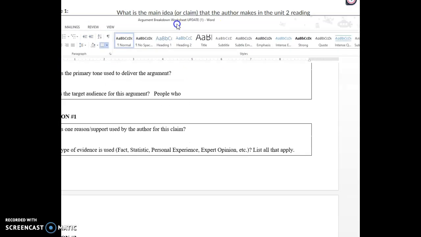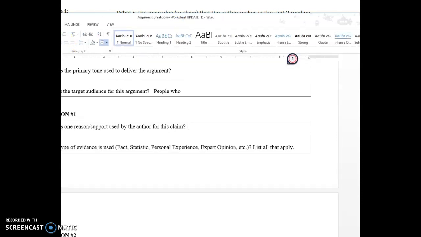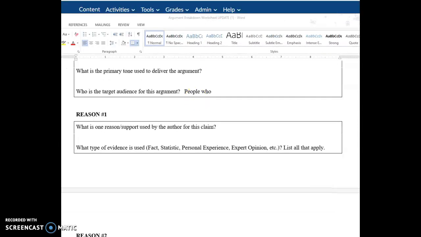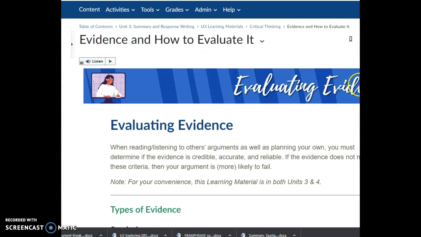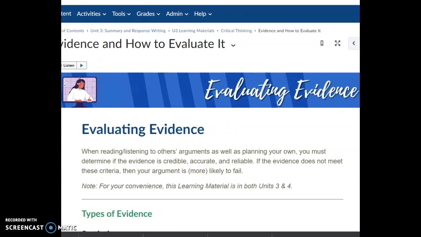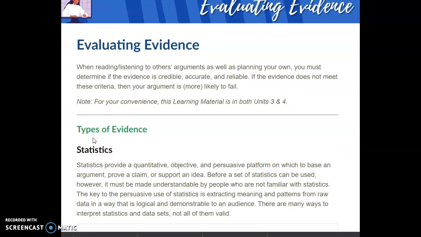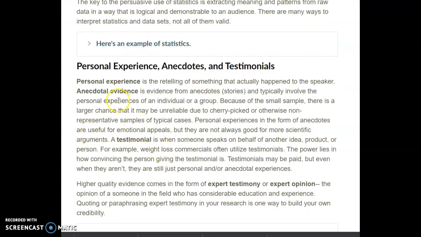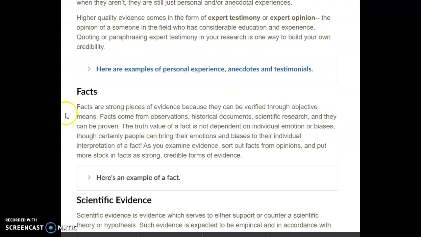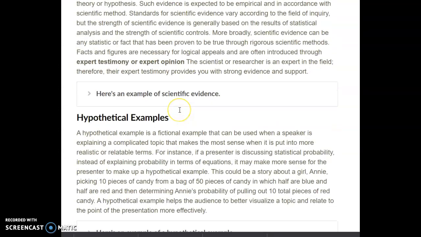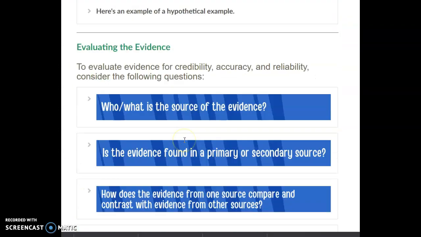The article, I can pull it up. The article is called Evidence and How to Evaluate It. And you can see that one of the first things it includes are different definitions of different types of evidence: statistics, personal experience, anecdotes, testimonials, facts, scientific evidence, hypothetical examples.